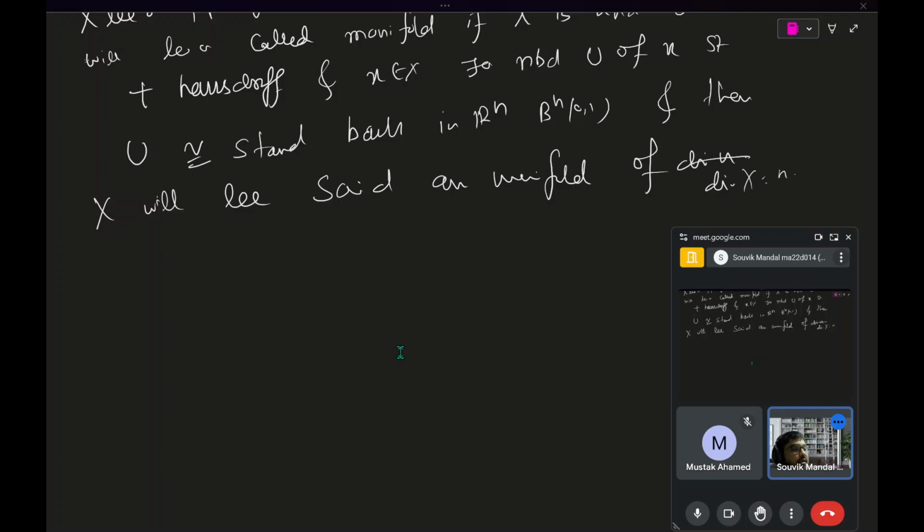So, for example, consider the standard sphere: all those x belonging to R^(n+1) such that the norm of x equals 1. Consider n equal to 2, that is the usual standard sphere.